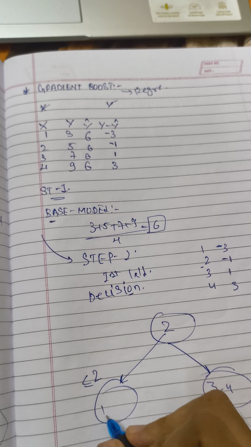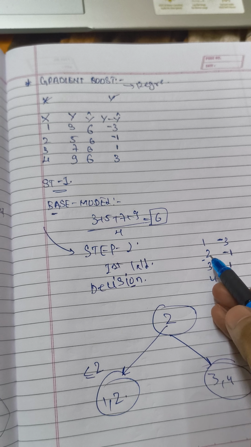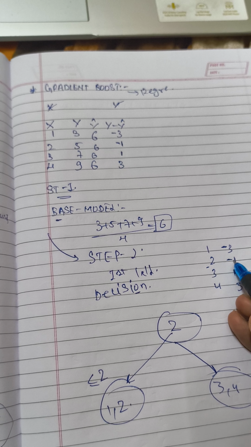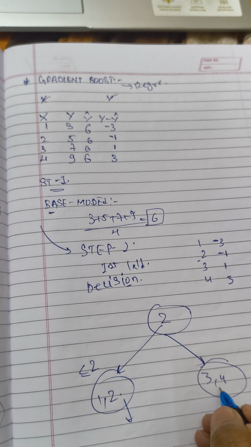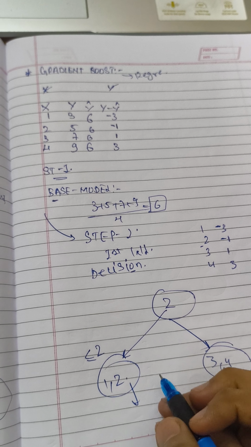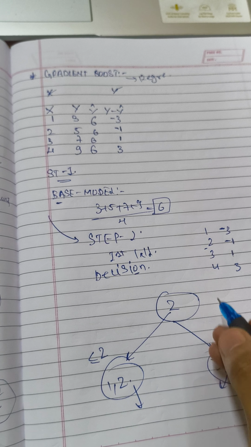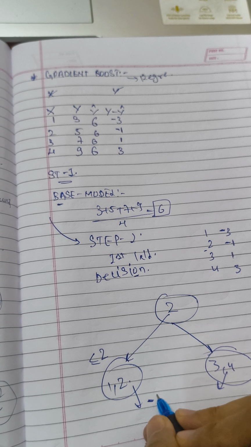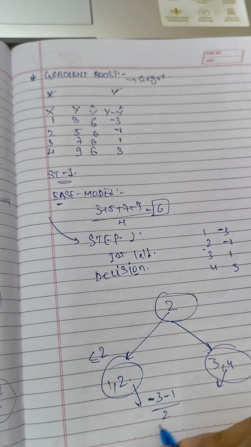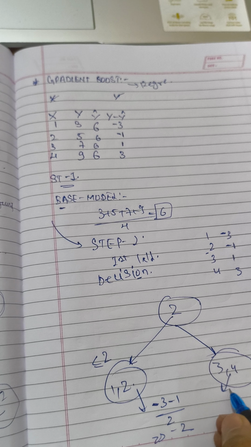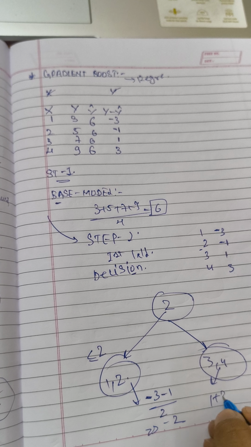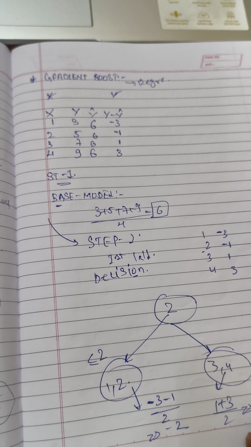In less than or equal to 2 I have 1 and 2. In each leaf node the value will be updated to the mean of the current errors, that is minus 3 minus 1 divided by 2, which is minus 2. Similarly for this, 1 plus 3 by 2, that is 2.